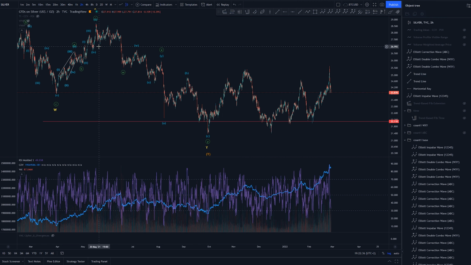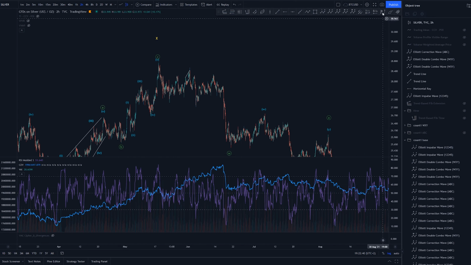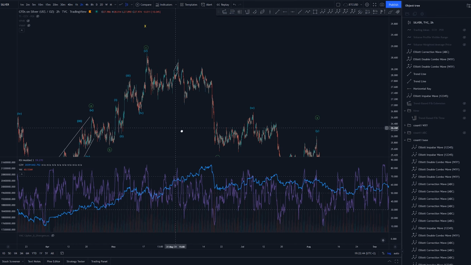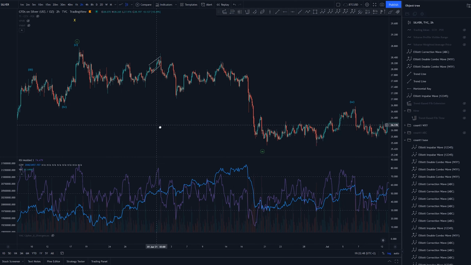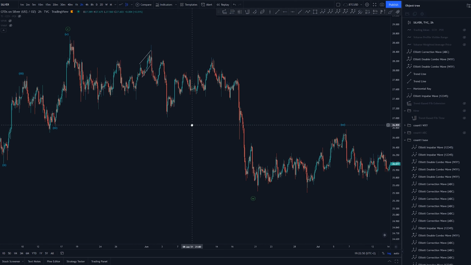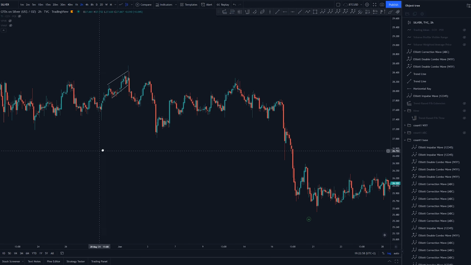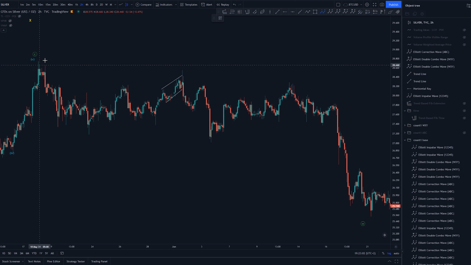Here we would have a, let's check out if this works. So we need 3 waves into here. That shouldn't be too much of an issue. So 1, 2, 3, 4, 5. I think that looks clear.